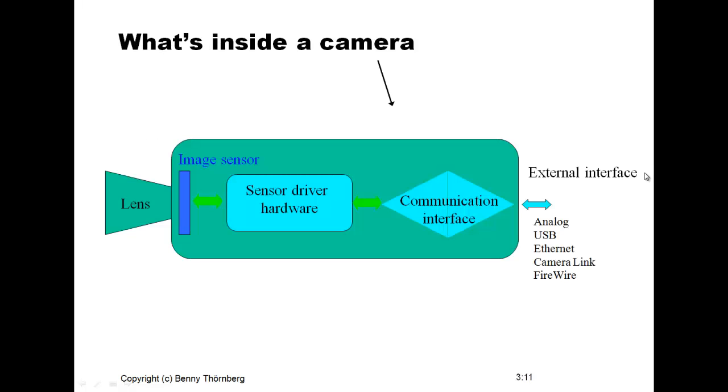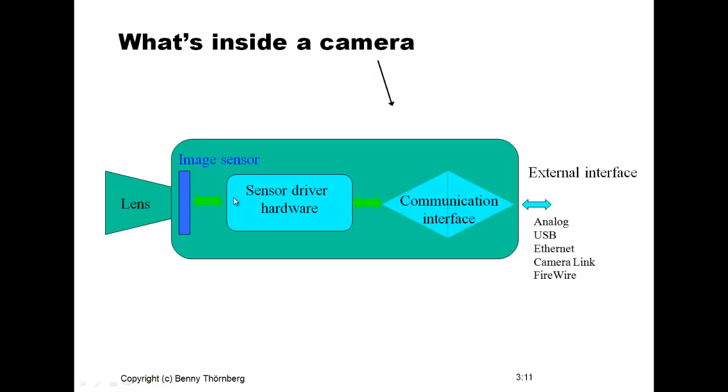So we start with what's inside the camera. We have a lens that is focusing the light that is reflected from the objects of interest, and the image is then focused through the lens onto the photosensitive surface on the image detector. The image detector is then driven by sensor driving hardware that controls the programming registers and communicates with the image detector.